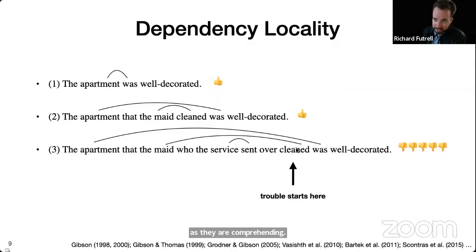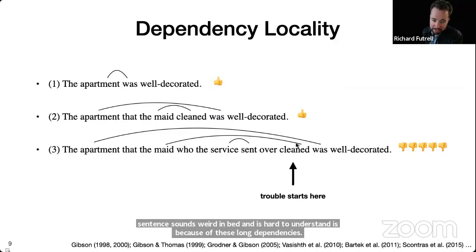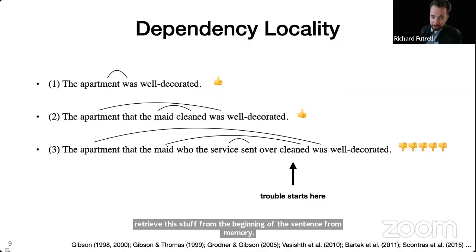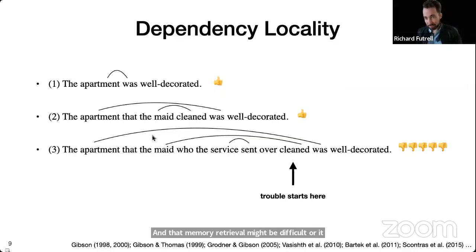And we think part of the reason why this sentence sounds weird and bad and is hard to understand is because of these long dependencies. The idea is basically when you get to this verb cleaned, you have to think, okay, what's the subject of this verb? What's the object of this verb? You have to retrieve this stuff from the beginning of the sentence from memory. And that memory retrieval might be difficult or inaccurate because these things are far away and because there's lots of interfering similar things, but mostly because they're far away.